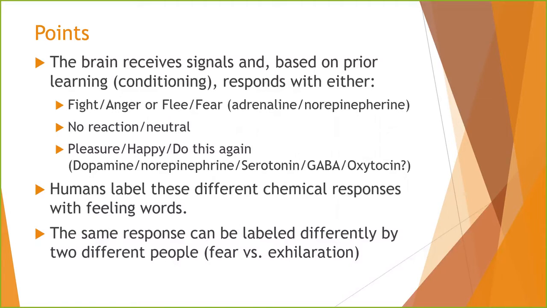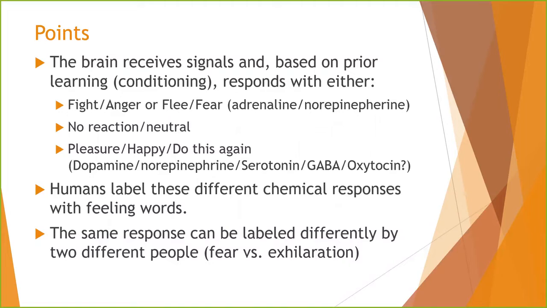Humans label these different chemical responses with different feeling words. Like I said earlier, anger and fear are both created when adrenaline is excreted into the body and the fight or flight reaction is kicked off. What you label it is based on your prior conditioning and your learning experiences.